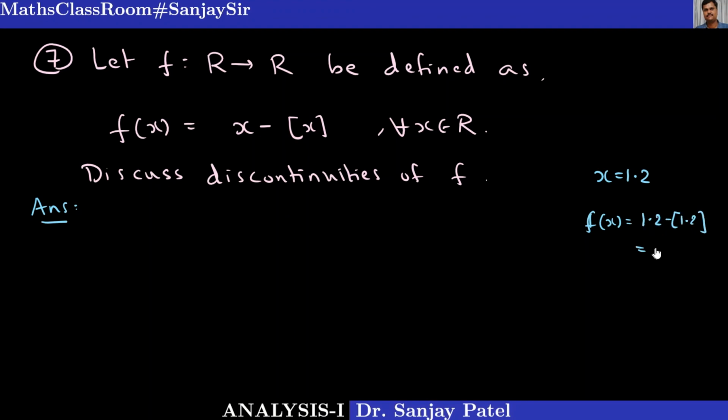So you will get 1.2 minus 1, and that is equal to 0.2. So we get the fractional part of this real number. So it is also known as the fractional part function. All values of this function lie between 0 and 1. Let me show you the graph of this function.